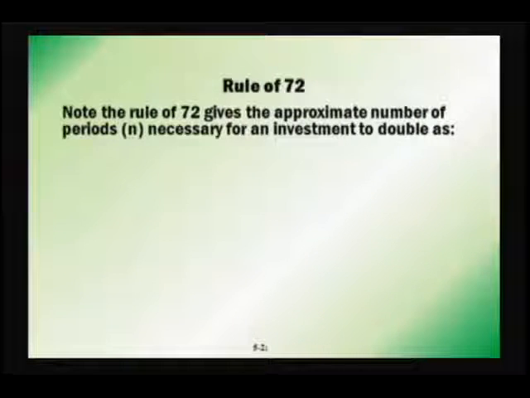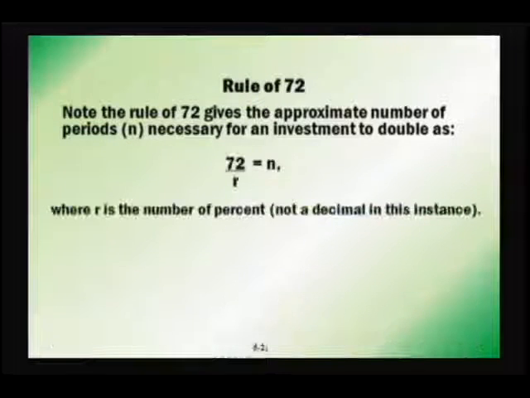One of the things you should be familiar with is the rule of 72. The rule of 72 gives an approximate number of periods necessary for an investment to double. So if we take 72 divided by R, where R is the interest rate in percent, that will equal the number of periods. For example, if my interest rate is 10%, 72 divided by 10 equals 7.2.